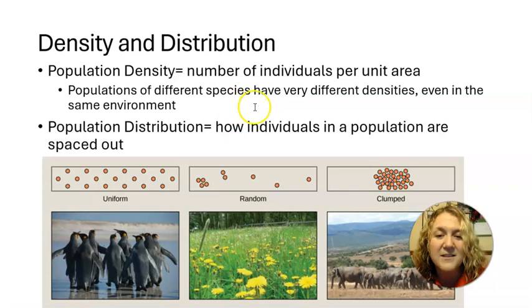So I want you guys to think of if we were studying a pond down the road and we wanted to study the ducks there, right? So we could be maybe seeing about 10 to 100 ducks that frequent that pond.